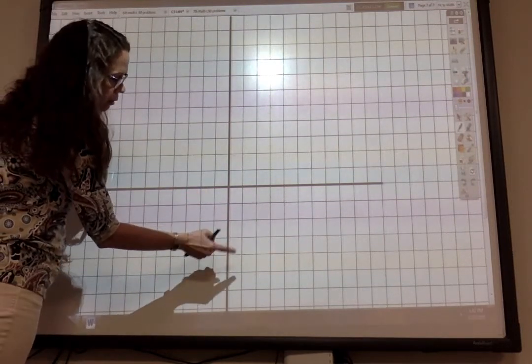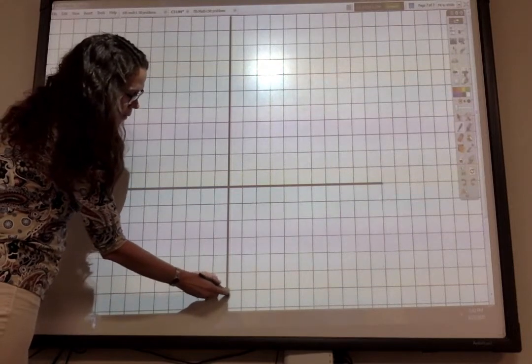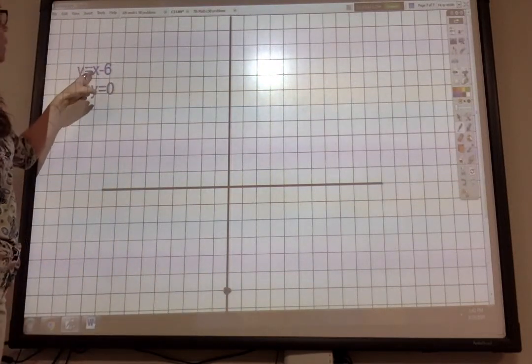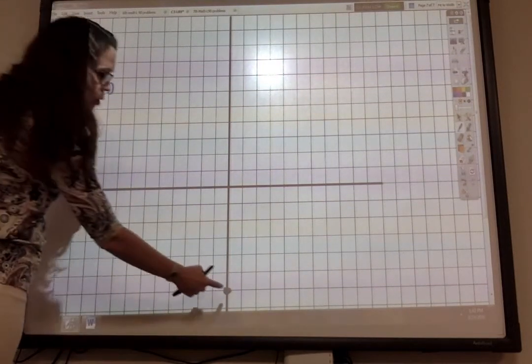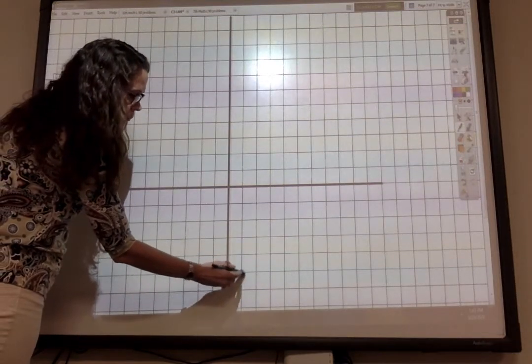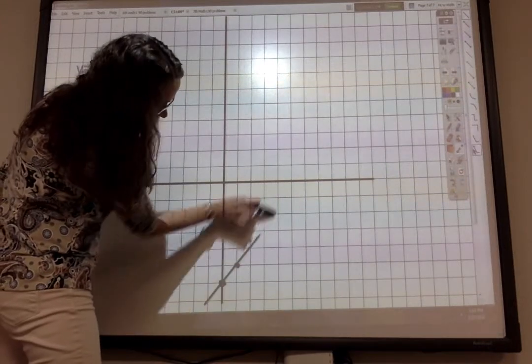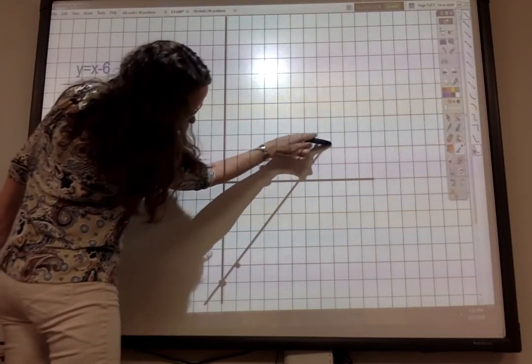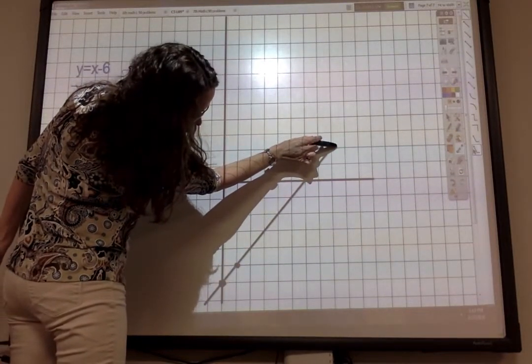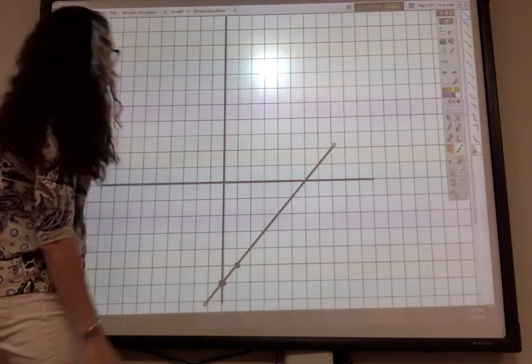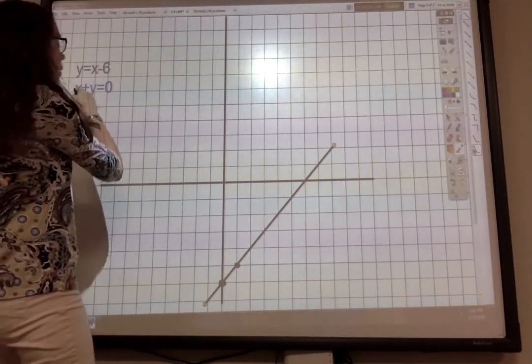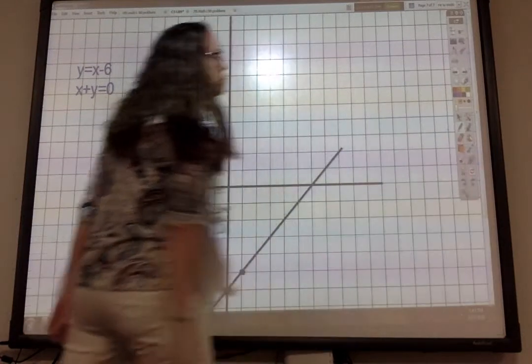1, 2, 3, 4, 5, 6. And then our slope is positive 1, so I'm going to go up 1 and to the right 1 and create my line. And then our second equation, x plus y equals 0.